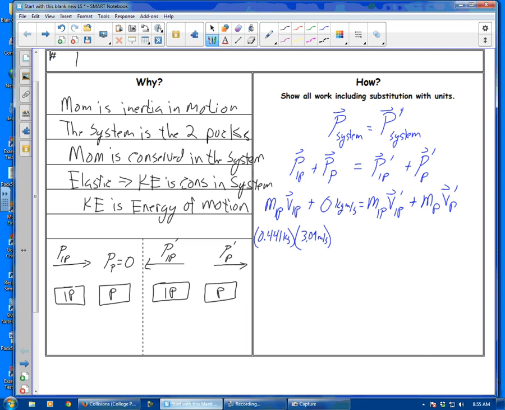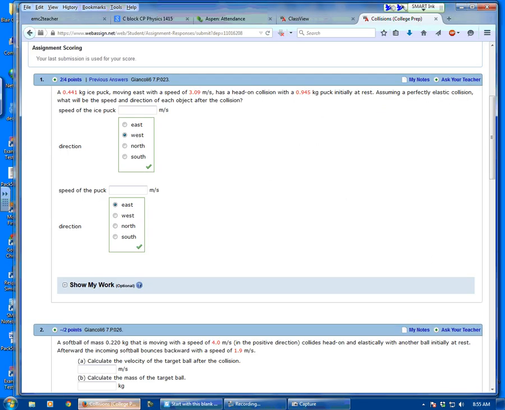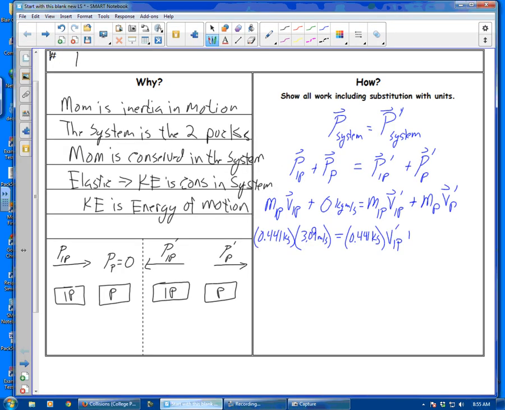I can just leave off that 0, so that equals 0.441 kilograms times the velocity of the ice puck afterwards, which I don't know, right? Plus the inertia of the puck, 0.945 kilograms, and the velocity of the puck afterwards, I don't know. So I'm kind of stuck at this point.